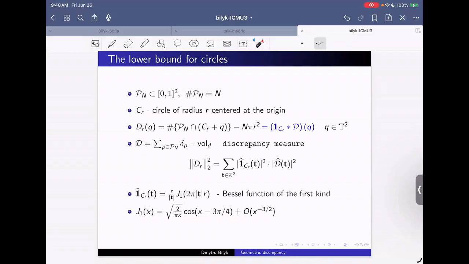So you see that the Fourier transform of the indicator of a disk decays as t to the power -3/2. Here you have power t to the -1, and another -1/2 from the Bessel function. So that's standard: if you compute the Fourier transform of any convex body with non-vanishing Gaussian curvature, you're going to get decay of the order -3/2.